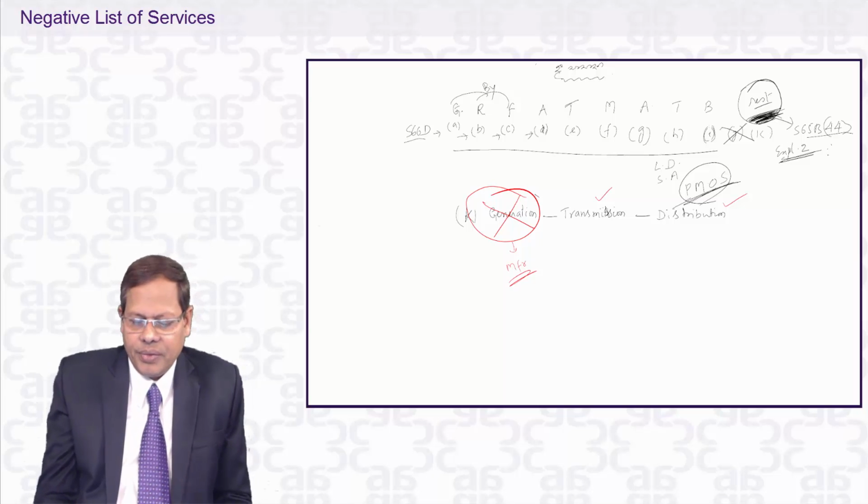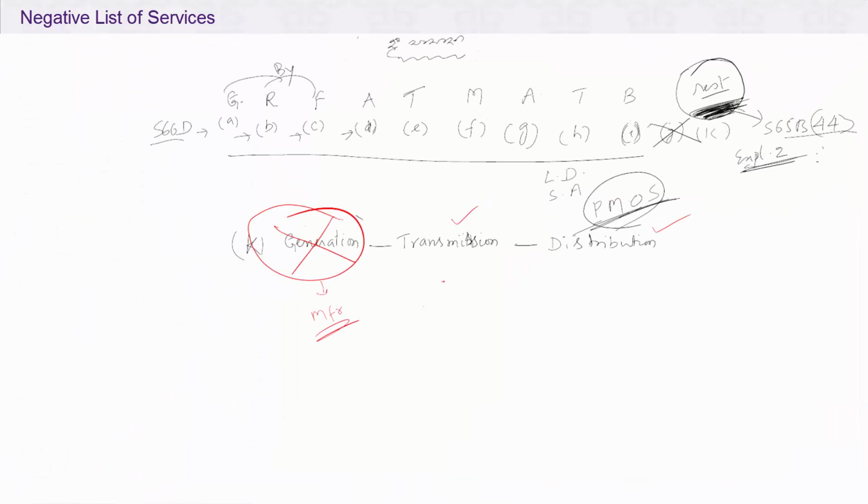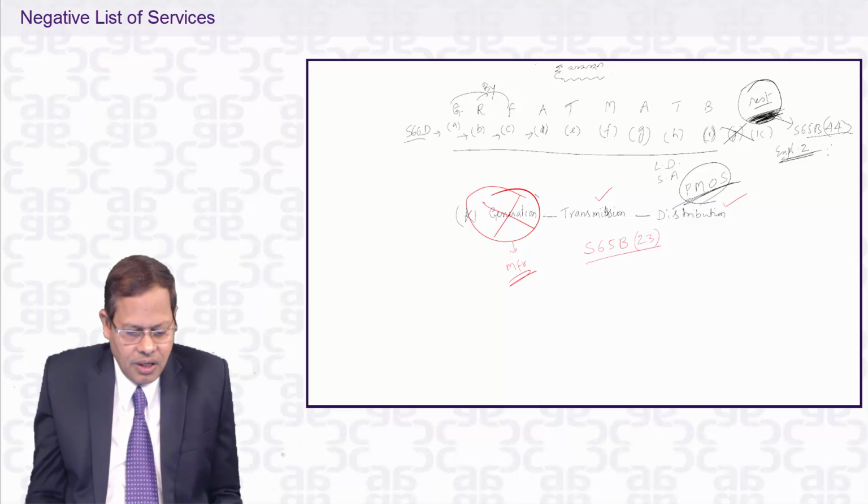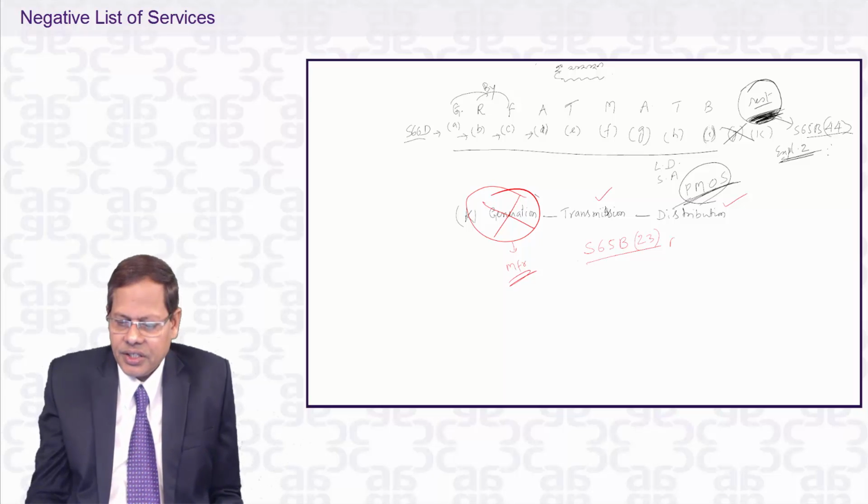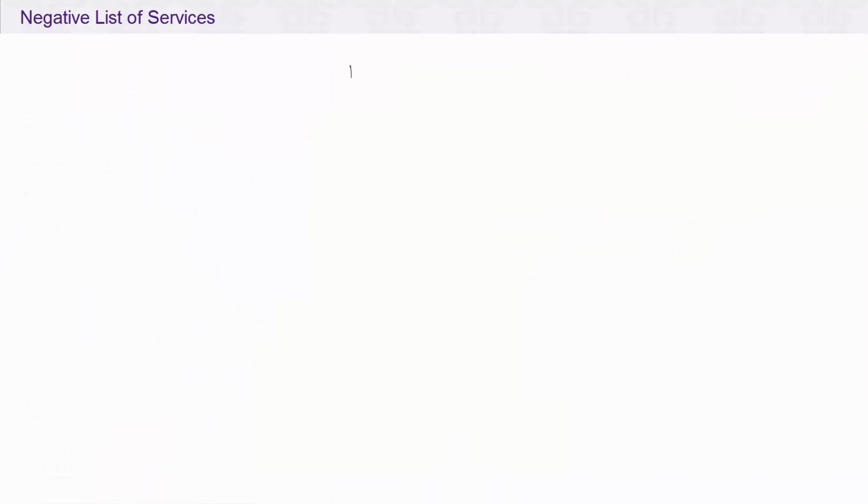Section 65B(23), where electricity transmission or distribution utility has been defined.